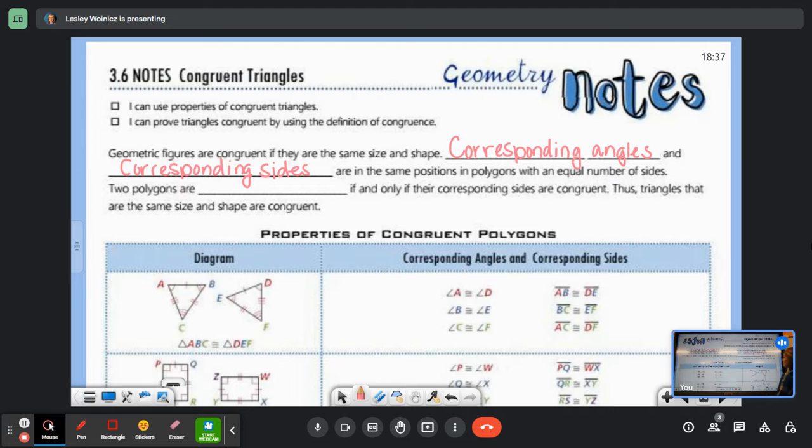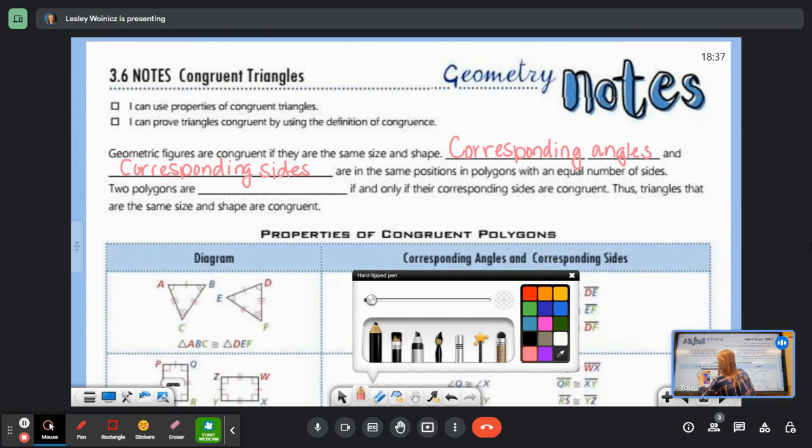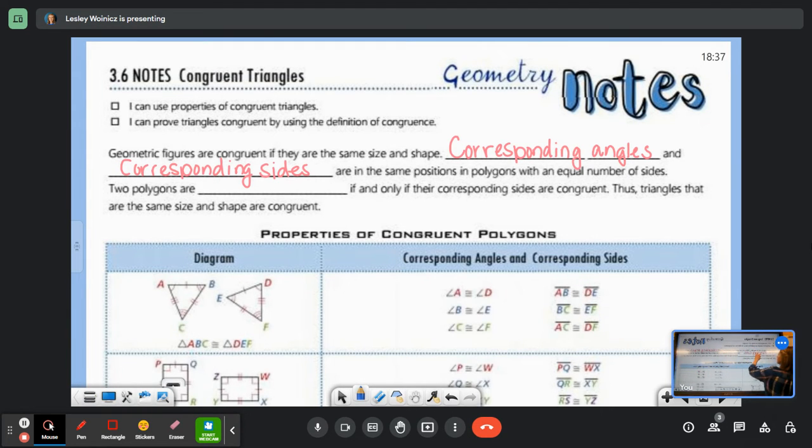Okay, so two polygons are congruent if and only if their corresponding sides are congruent. Thus, triangles that are the same size and shape are congruent.